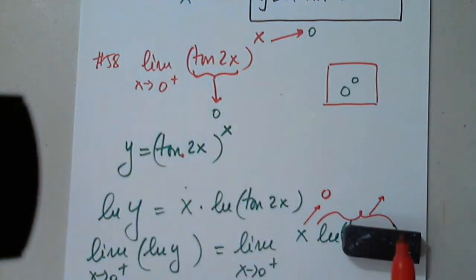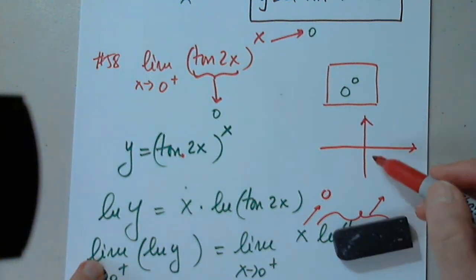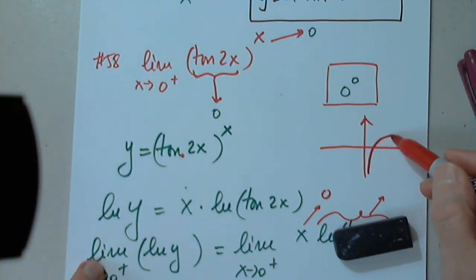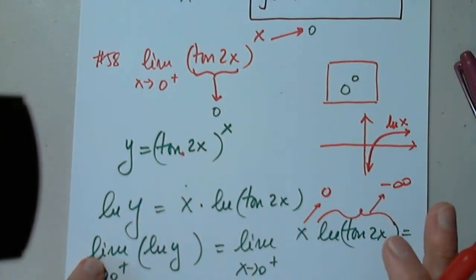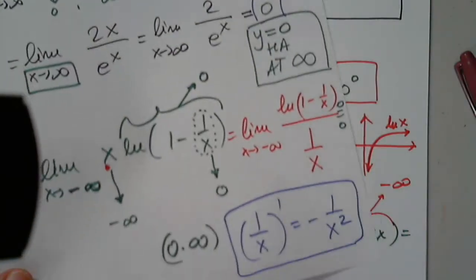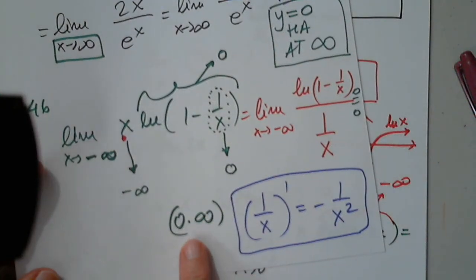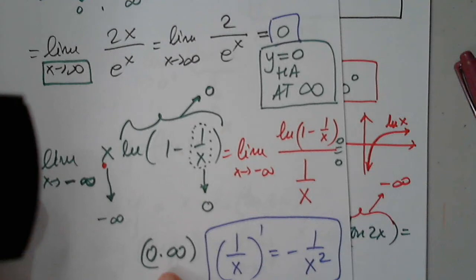Let's graph natural log. Negative infinity. Yes. Much nicer. You can say, how come? It's still ugly. Yes, but this one requires just an algebraic manipulation.